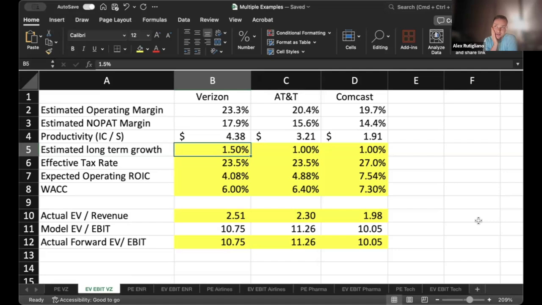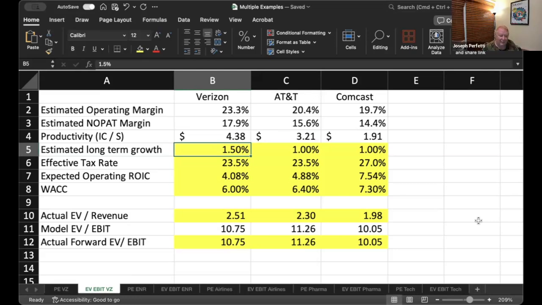So you have a negative spread getting worse more quickly than a negative spread getting worse but more slowly. They pay exactly the same tax rate, actually, at 23.5%. So that shouldn't impact the ratio. So it's coming down to the more negative spread and faster value destruction for Verizon.